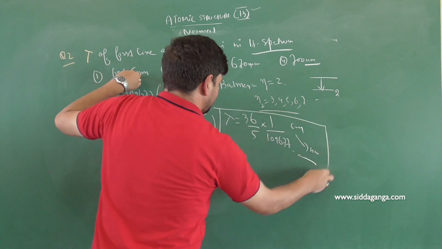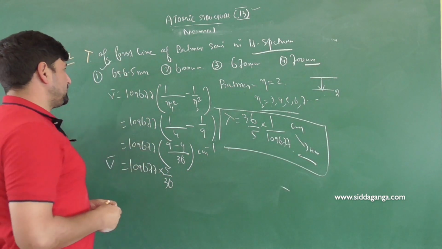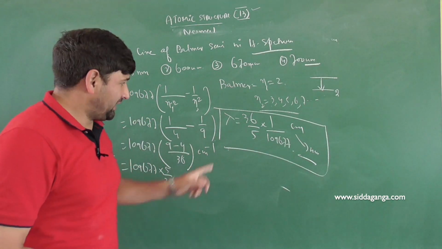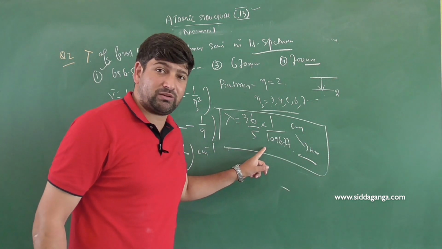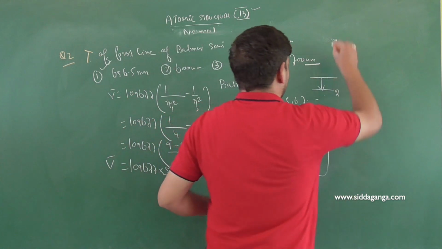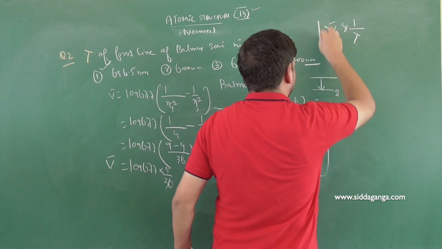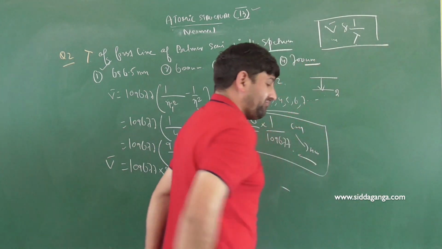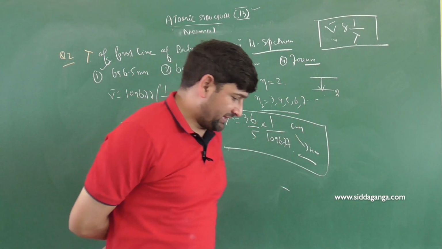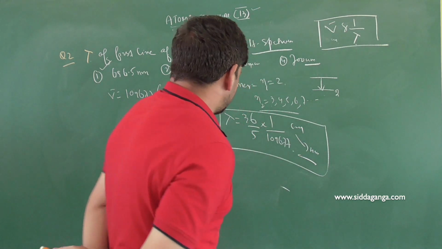Solve for this, and the correct option will definitely be 656.5 nanometers. The rest of the part I am leaving for you, and it should be simple, because we already know the relationship between wave number and wavelength is inverse. Am I clear with this? Right. Next question.